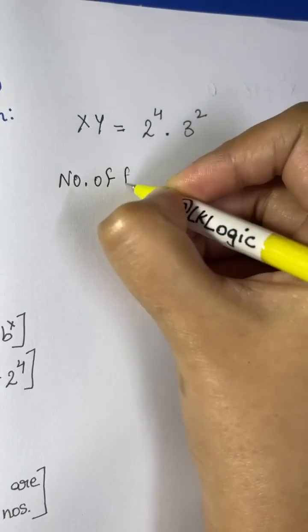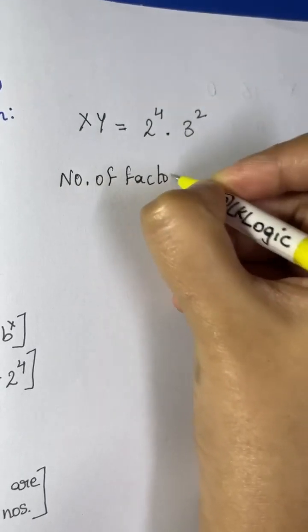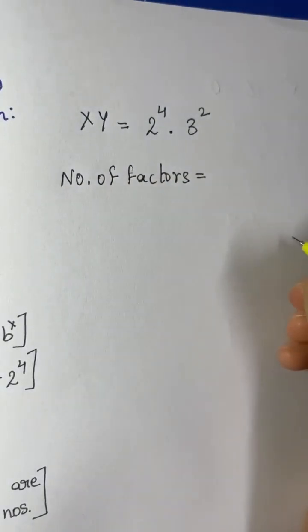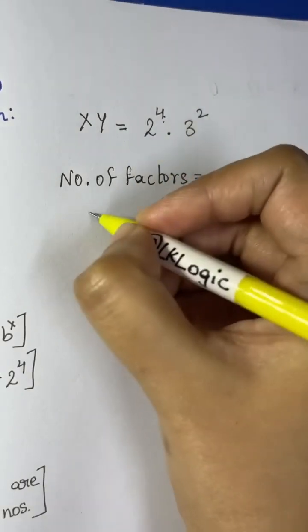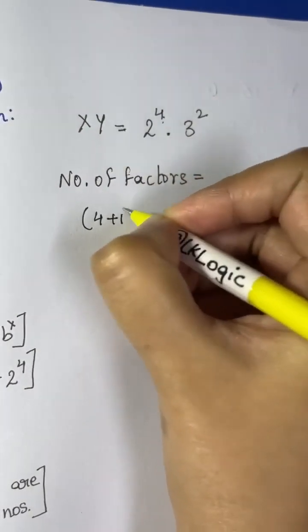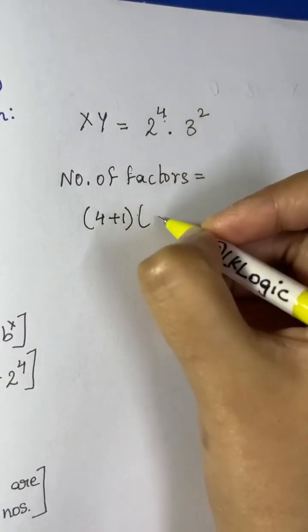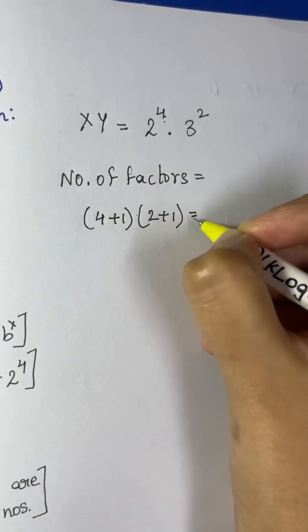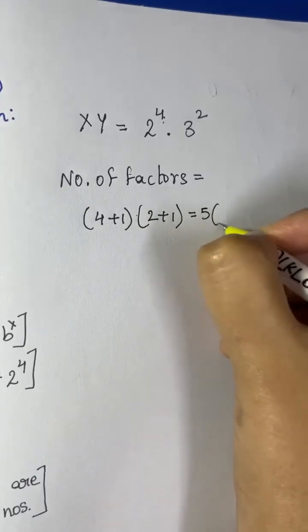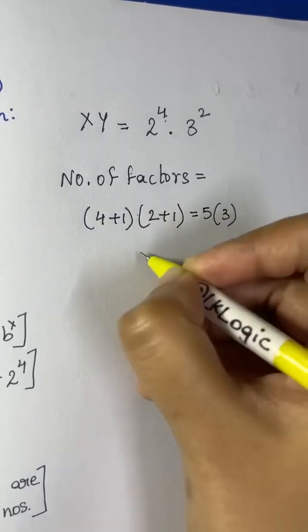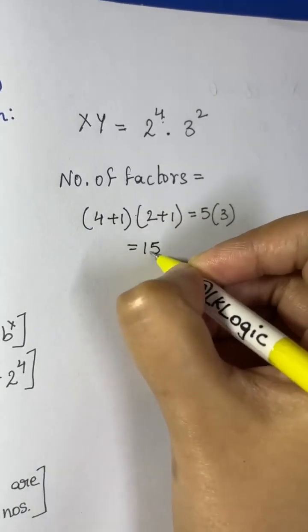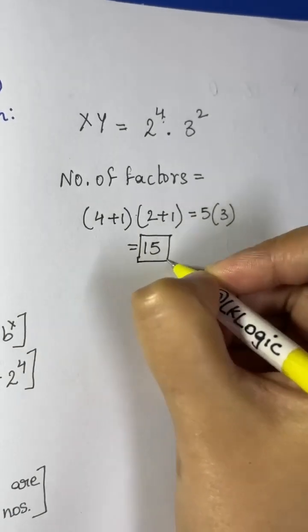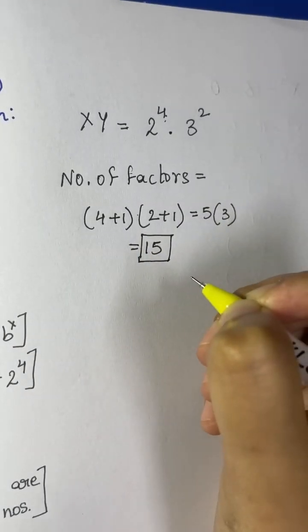The number of factors is equal to, what's the exponent? 4, so 4 plus 1, times, what's the exponent? 2, so 2 plus 1. 4 plus 1 is 5, 2 plus 1 is 3. 5 times 3 is equal to 15. So you have 15 factors.